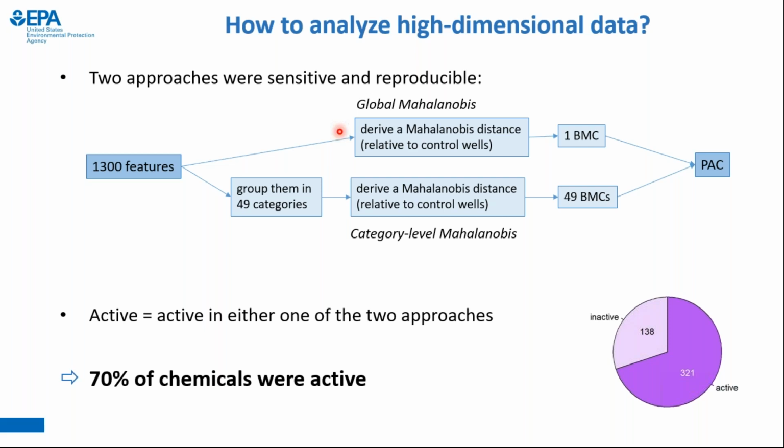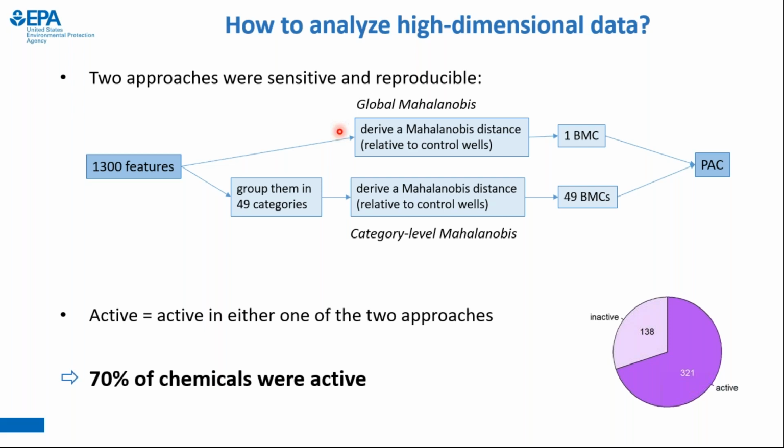So if you imagine the 1,300 features in a 1,300 dimensional space, we really just measure the distance of the well of interest with control wells. A larger distance means that the phenotype of this chemical is more far away from control cells.